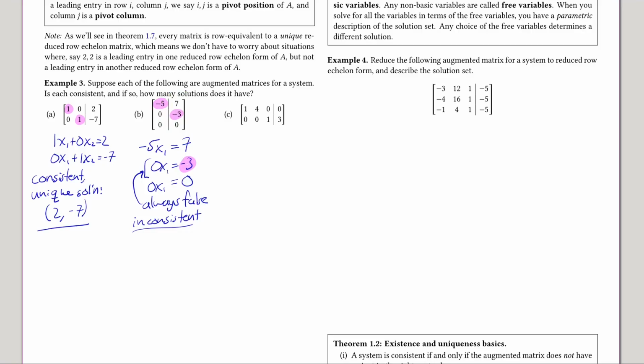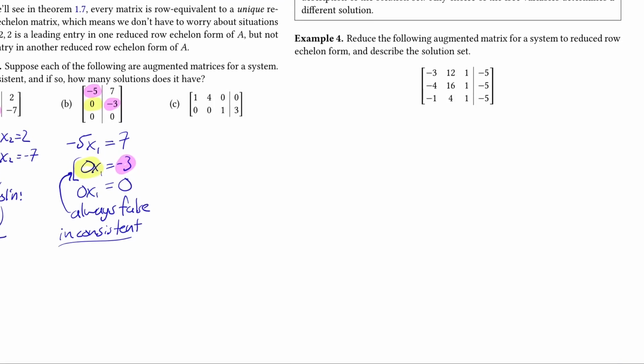That's just a constant non-zero number. And if that's the leftmost non-zero thing, that means everything on the left side of that must be 0. So the equation is already of the form 0 equals a non-zero, and that is always false, and that means your system is inconsistent.